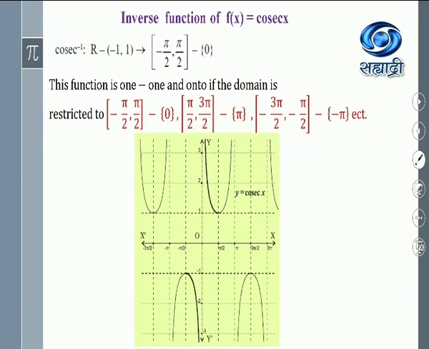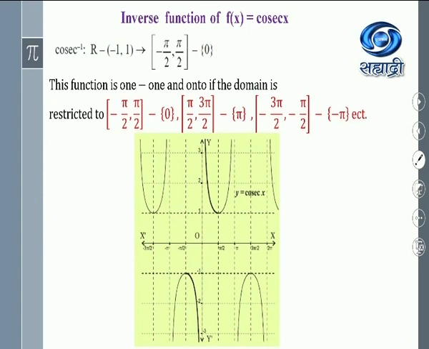Now -3π/2 to -π/2. Look at this. In this interval, we will get this branch, right? From -3π/2 to -π/2, we have this branch, and if I draw horizontal lines, then the horizontal line every time cuts the graph in only one point.